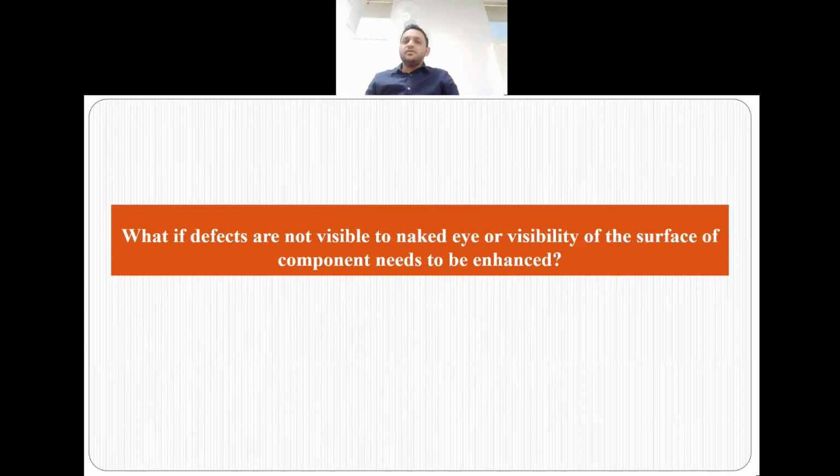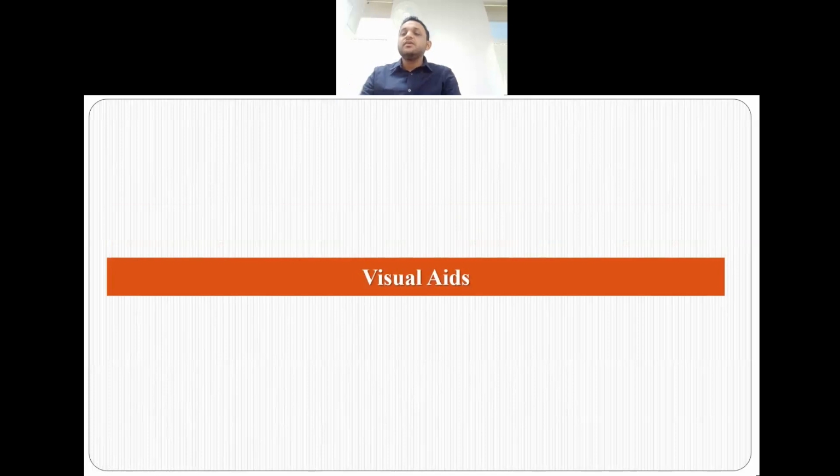Now, what if defects are not visible to the naked eye, or the visibility of the surface of the component needs to be enhanced? What can we do in that scenario? Here we take the help of visual aids.